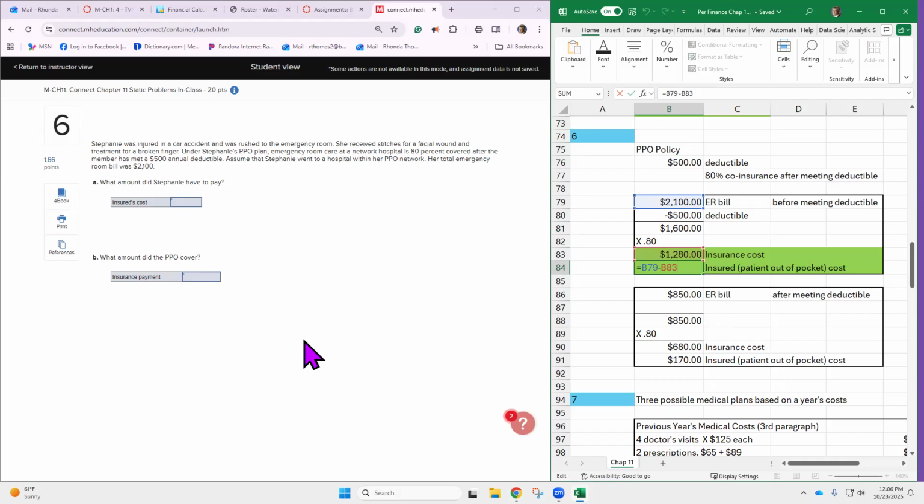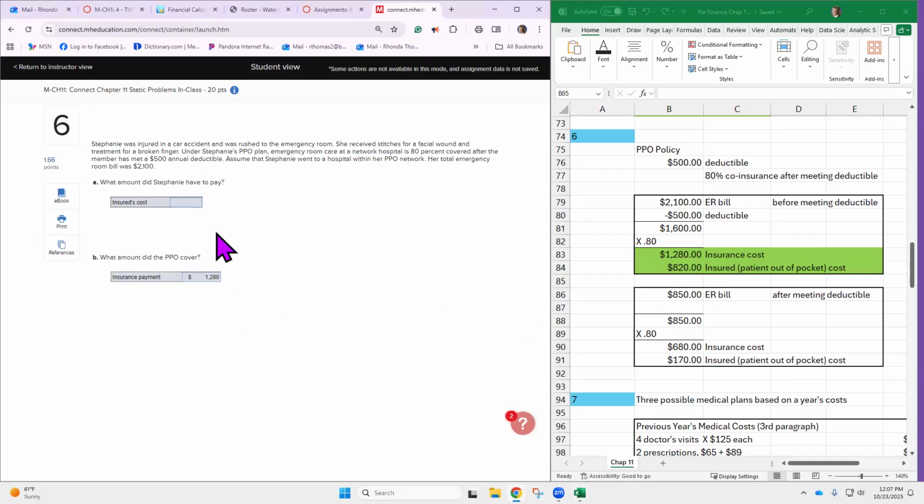Be careful. The insurance payment is B. Let's go ahead and put B in first. So insurance is going to pay 80% after the deductible has been met. They're going to pay $1,280. When you get both, once again, these numbers must add up to the entire bill.